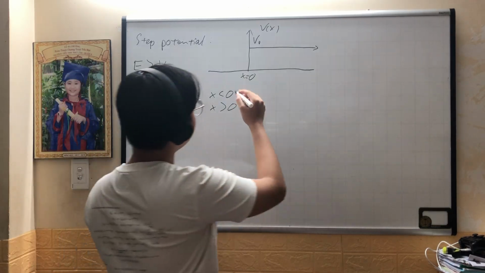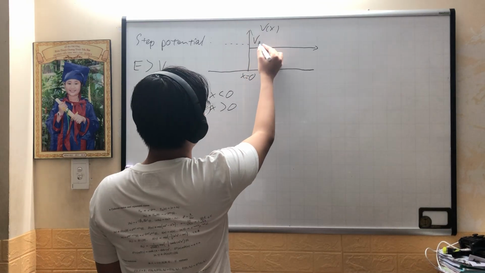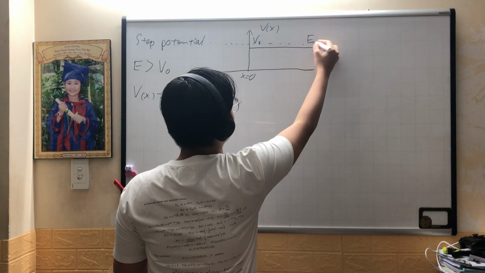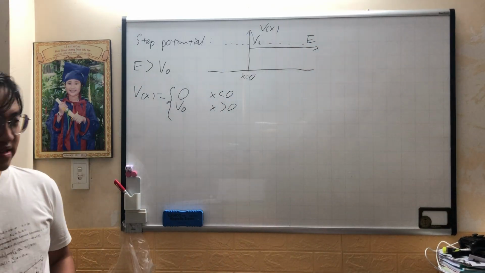And your energy, as I said, would be greater than your V naught. It's called the scattering state.